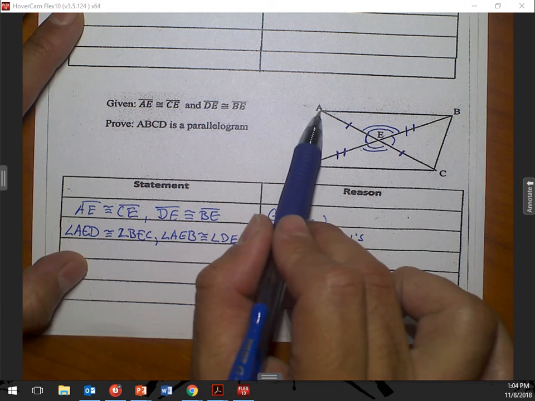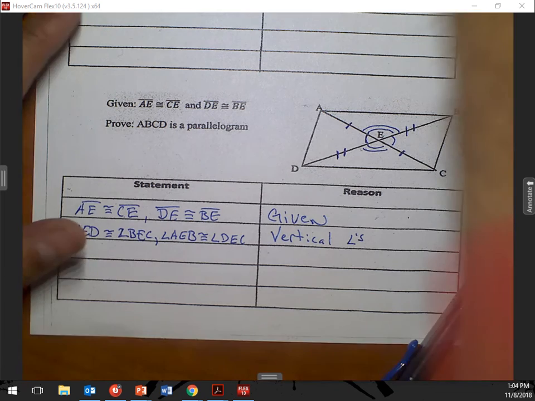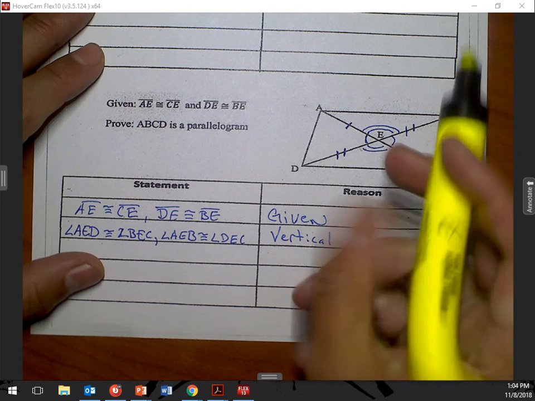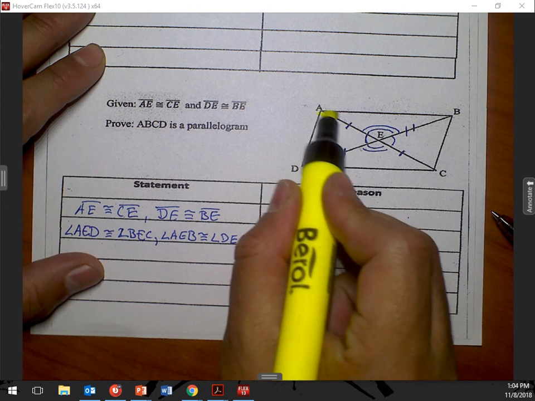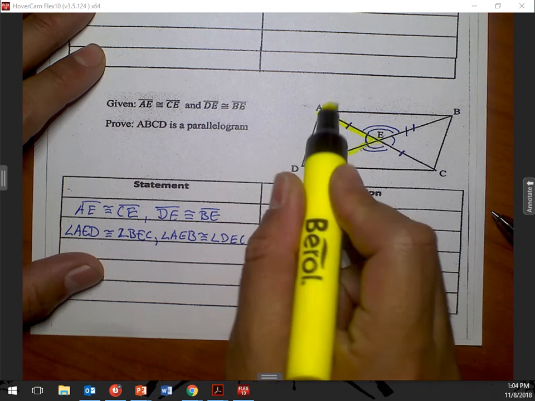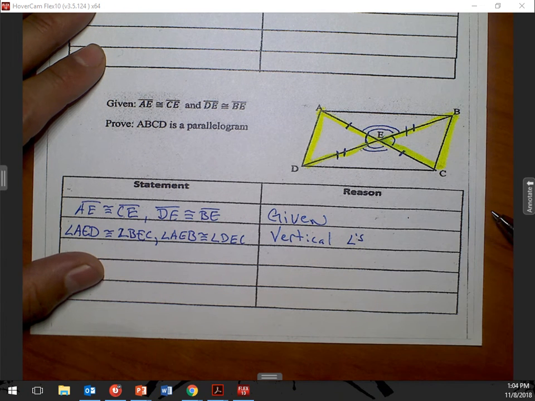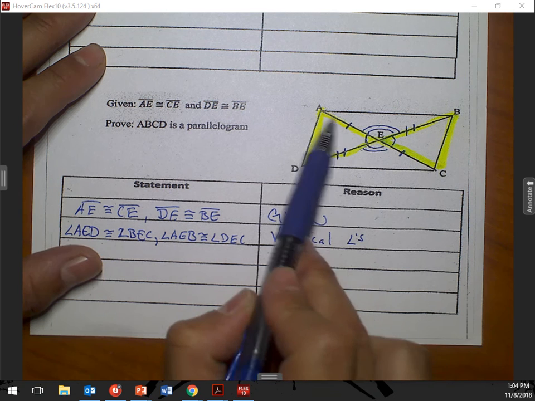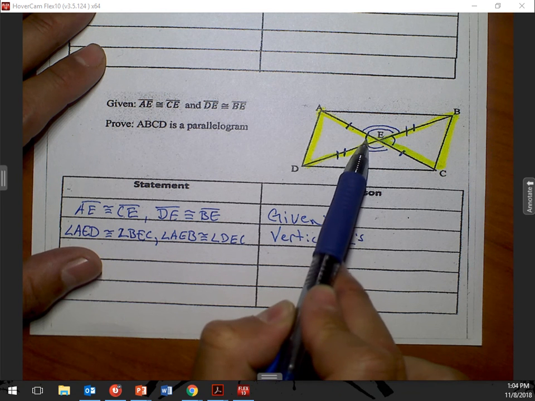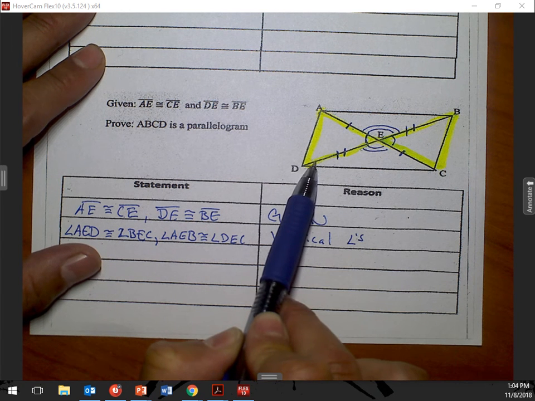We're talking about this angle right here. I'm going to highlight it. I'm going to say this triangle. So in this one I have side, angle, side.